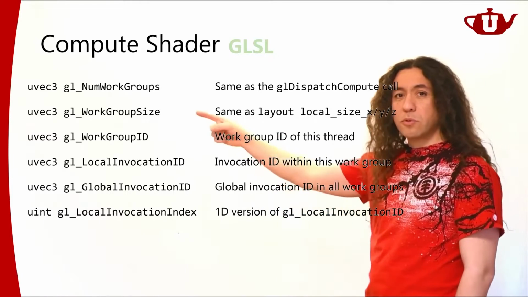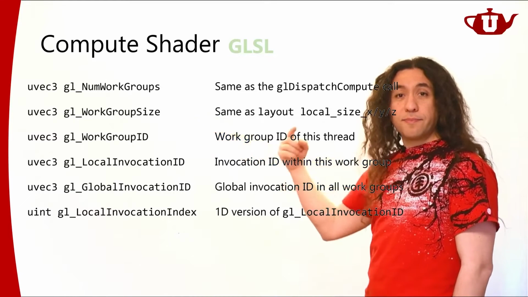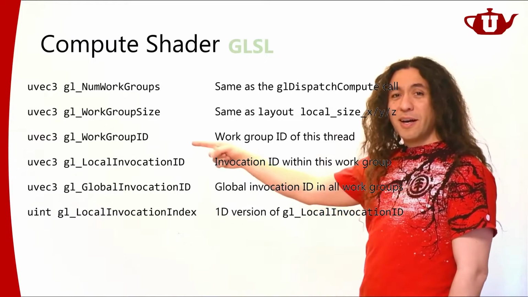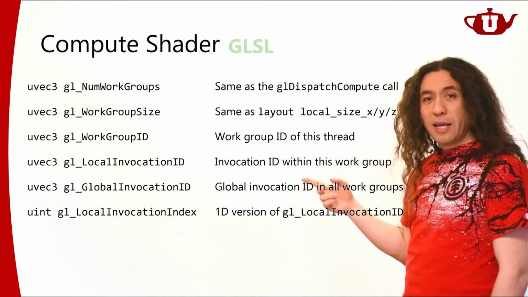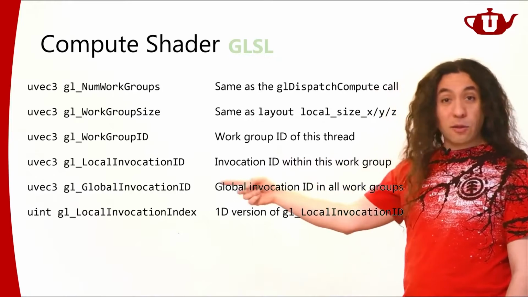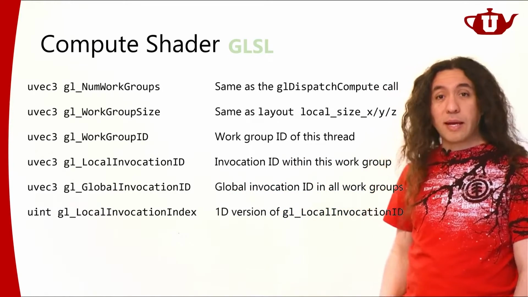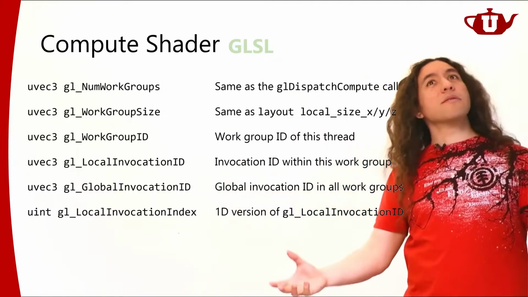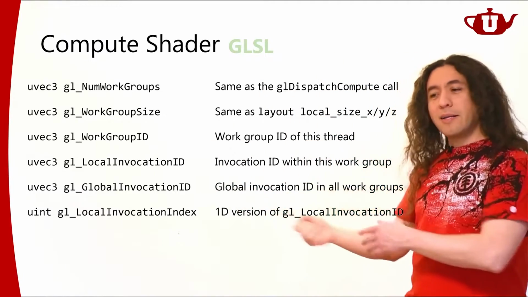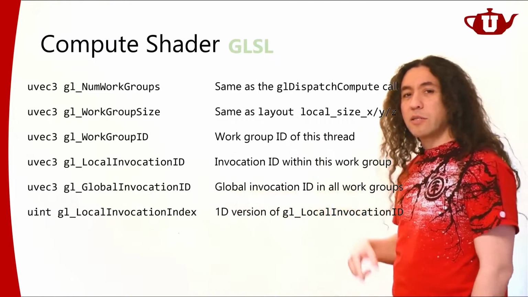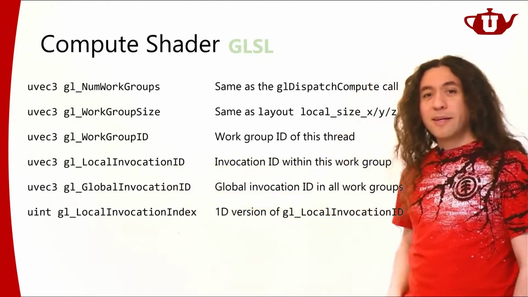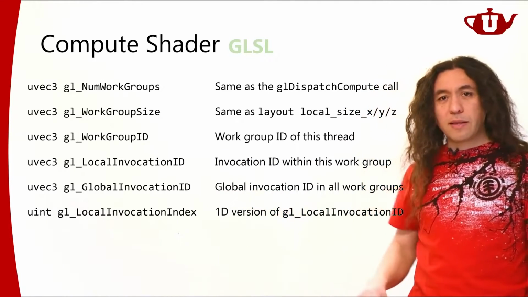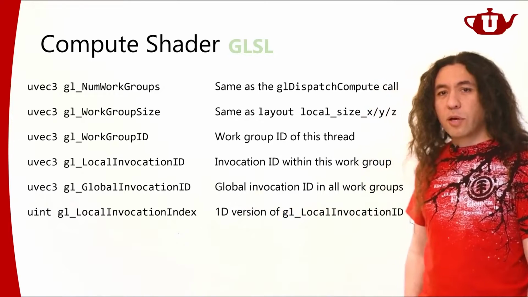The work group size is the same as whatever you specified in your shader. There's also the work group ID in X, Y, and Z, and the local invocation ID, which is your local thread ID. The global invocation ID is the position in the whole global work groups and local threads, again X, Y, and Z. And there's also a local index, which is just a 1D version of your local invocation ID.